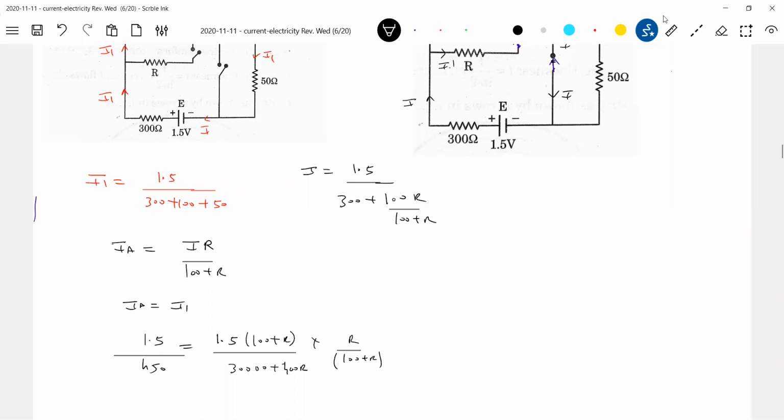Solving this will get the required answer. The next step will be 1.5 by 450, and the 1.5 also cancels. So 1 by 450 is equal to R by something. Solve this and you will get the required value.